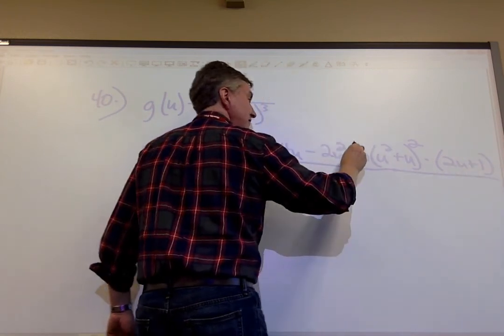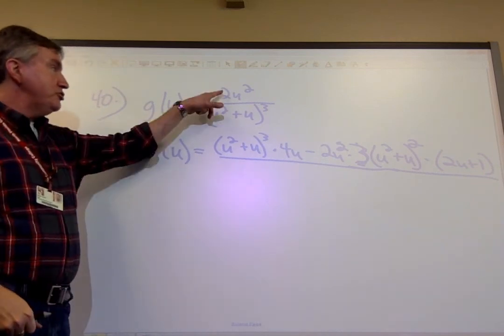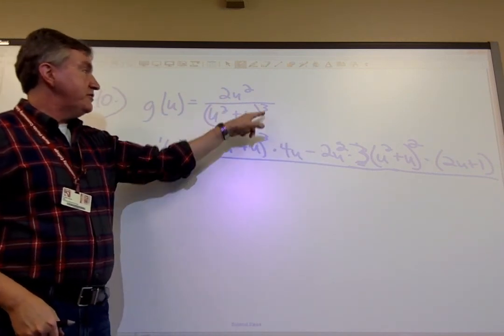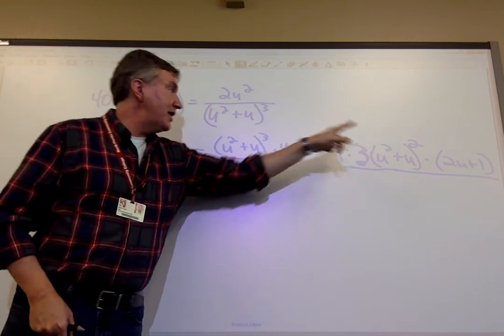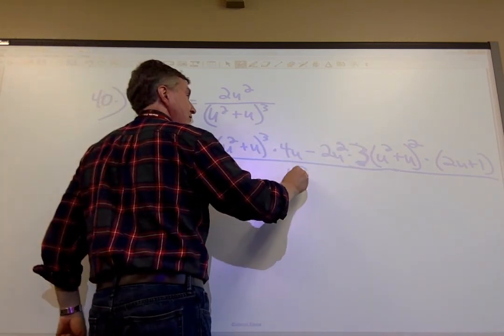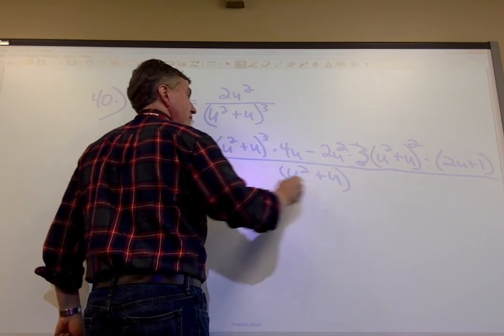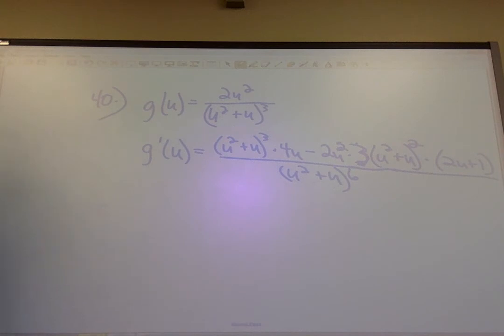Isn't that crazy? 2u squared times the derivative of denominator, which is outer derivative times derivative of inner, over what? u squared plus u to the 6. If I square that third power, that would be to the 6, wouldn't it?